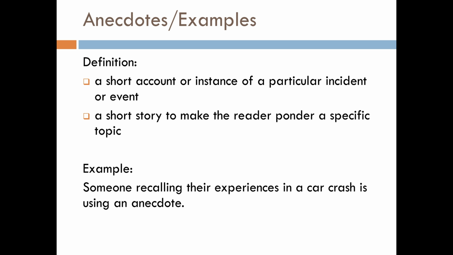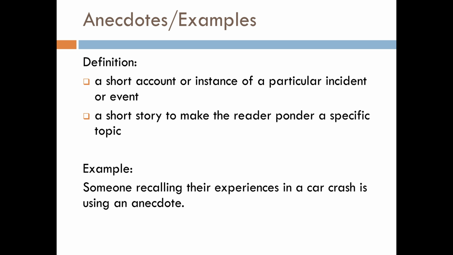These are pretty similar. This is either a particular instance, as in an example, that highlights or illustrates an author's claim. An anecdote is just a short story. It can be something as brief as a couple sentences, and this could be an extended anecdote that goes throughout a chapter, for example.